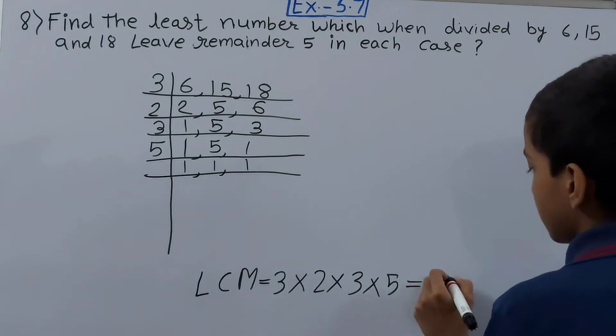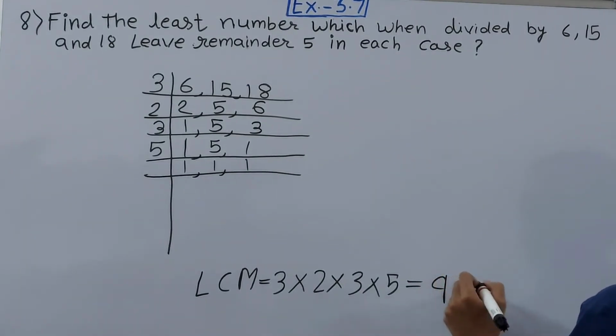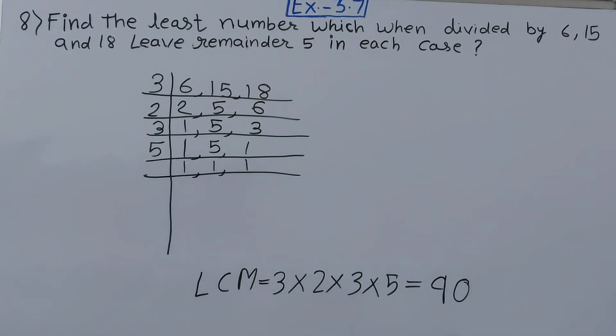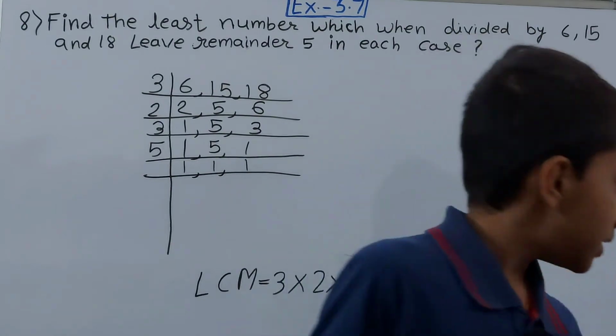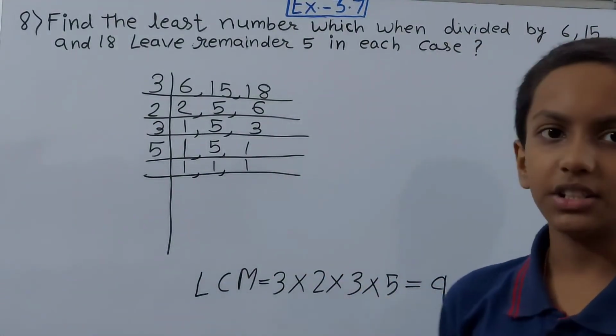So let's write down, that means our LCM is 90 over here. Alright. So the LCM is 90, and LCM is divisible by your numbers. It is the smallest multiple, that means it will be divisible by your numbers.